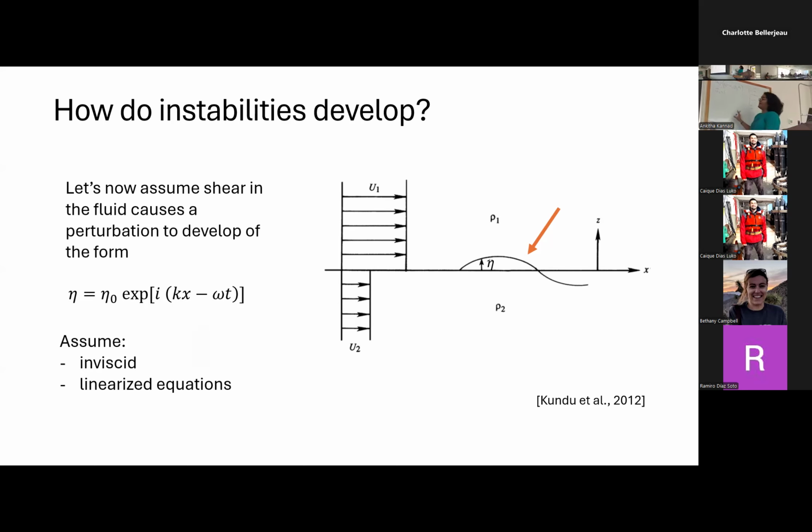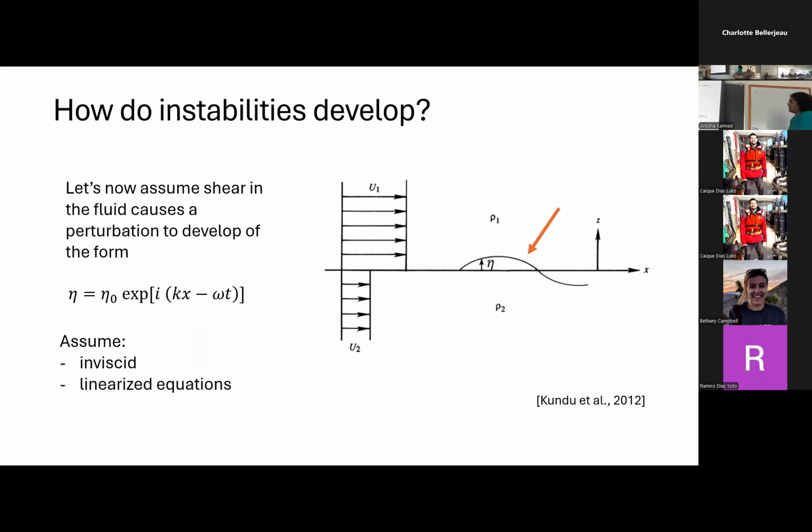I'm not going to do the math for this. I'm happy to talk through it if people are interested. I have gone through the proof for this. But what happens when you have this sort of perturbation in the x-axis and the z-axis, as you see here, is you can create a shift of the interface. That's described by this amplitude.